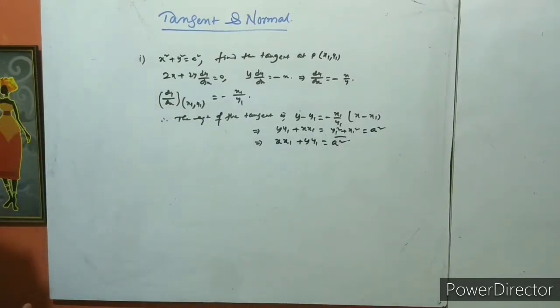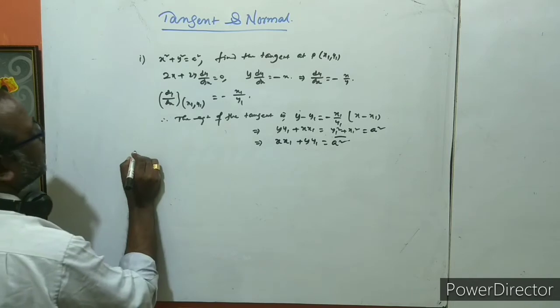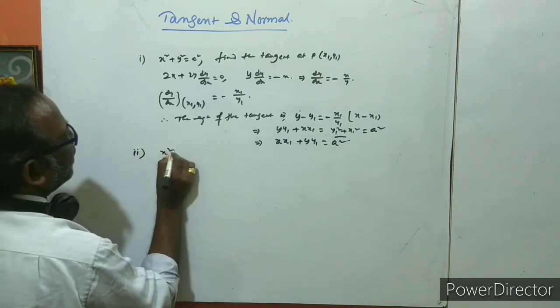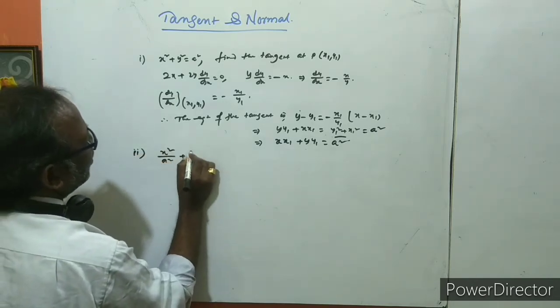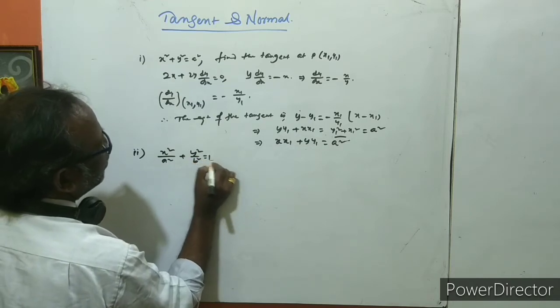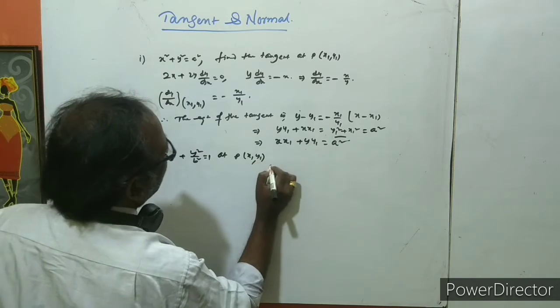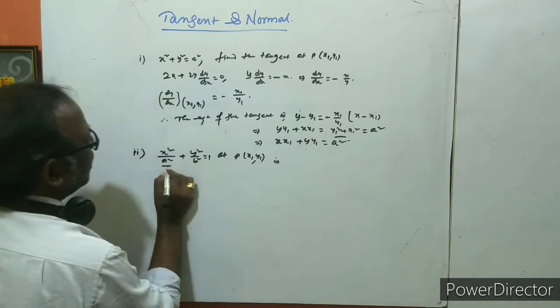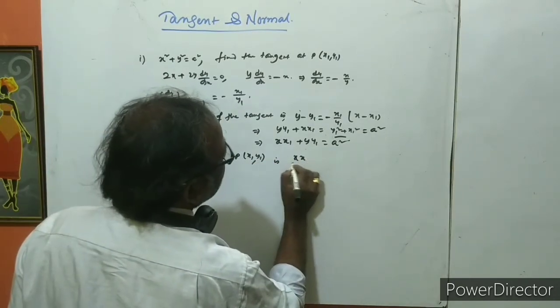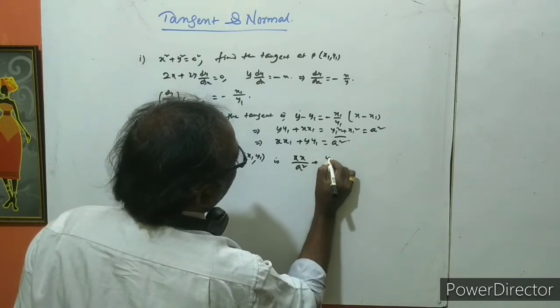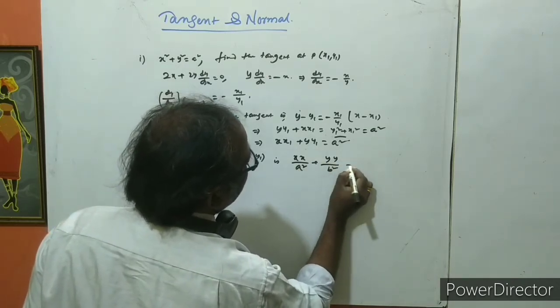By this method we can easily find the tangent for a curve like x square by a square plus y square by b square equal to 1 at P (x1, y1). We can repeat it like x x1 by a square plus y y1 by b square equal to 1.